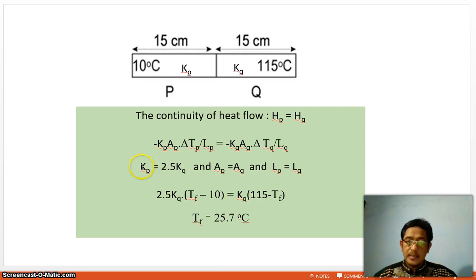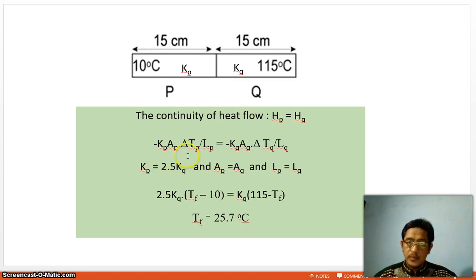And remember that the thermal conductivity of metal P is 2.5 times the thermal conductivity of metal Q, or Kp equals 2.5 Kq, and the cross-sectional area of P is the same as that of Q, and the length of metal P is the same as the length of metal Q. So AP and LP can be crossed out.